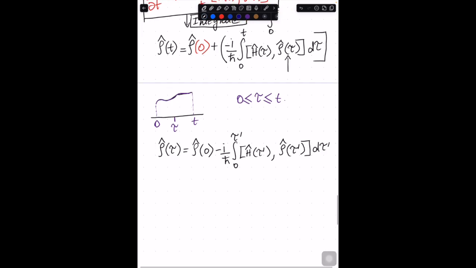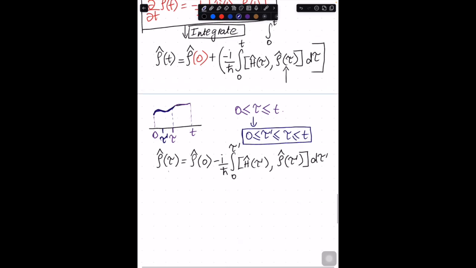So in this case, what we are doing is integrating from 0 to tau. So tau prime lies somewhere between 0 and tau and integrates over this region in time. So I can rewrite this as 0 less than or equal to tau prime, which is less than or equal to tau, which is less than or equal to t. So this would be this condition now.